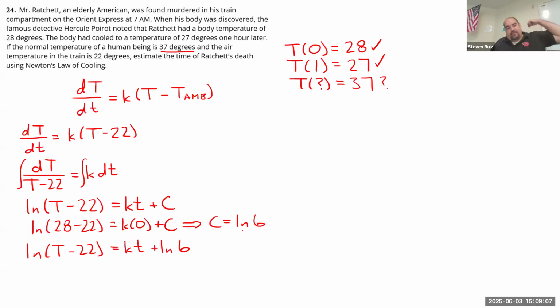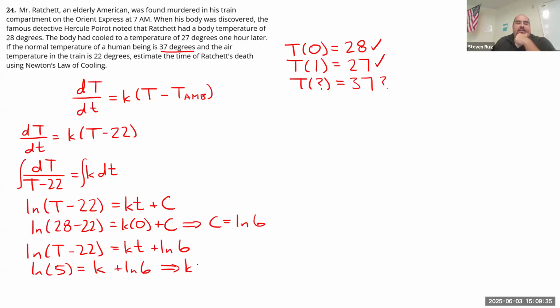I have another constant, and I think I can figure it out now. I also know that the natural log of 27 minus 22, so the natural log of 5, is equal to K times 1, K, plus natural log of 6.